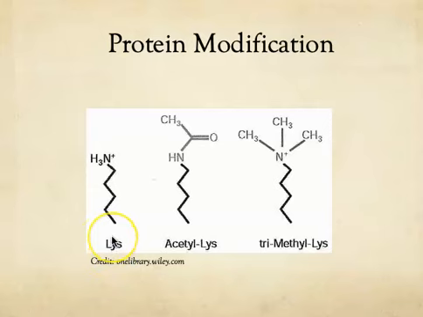There is a central carbon that you can't see, attached to an amino group, a carboxyl group, and a single hydrogen atom. This structure is the R group for lysine. And remember, the R group is different for every amino acid.